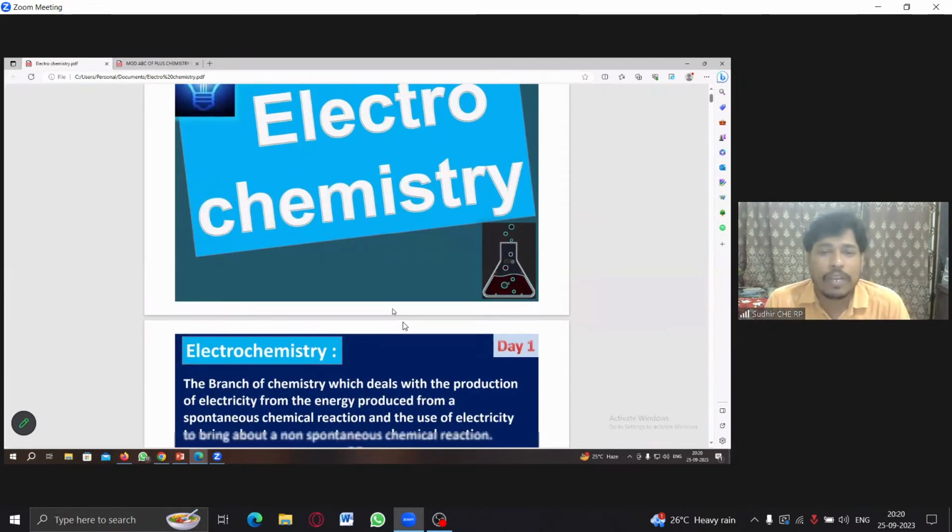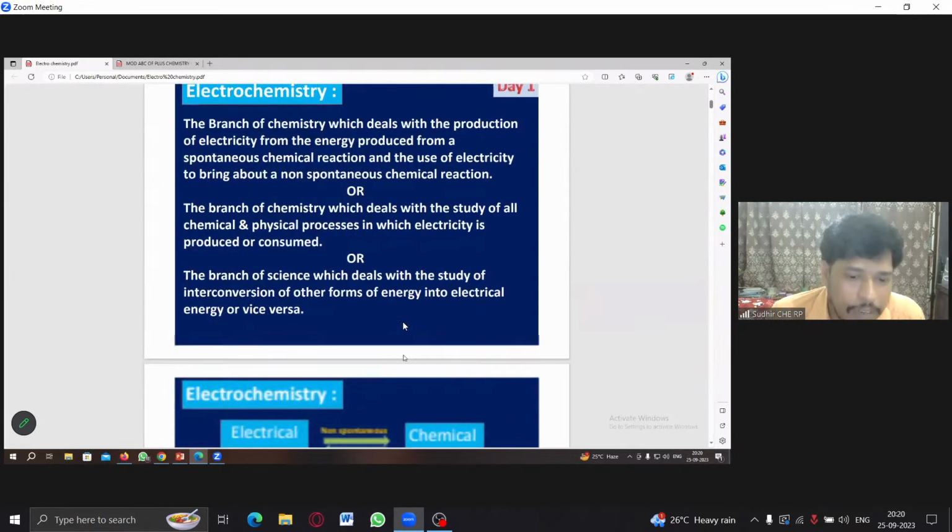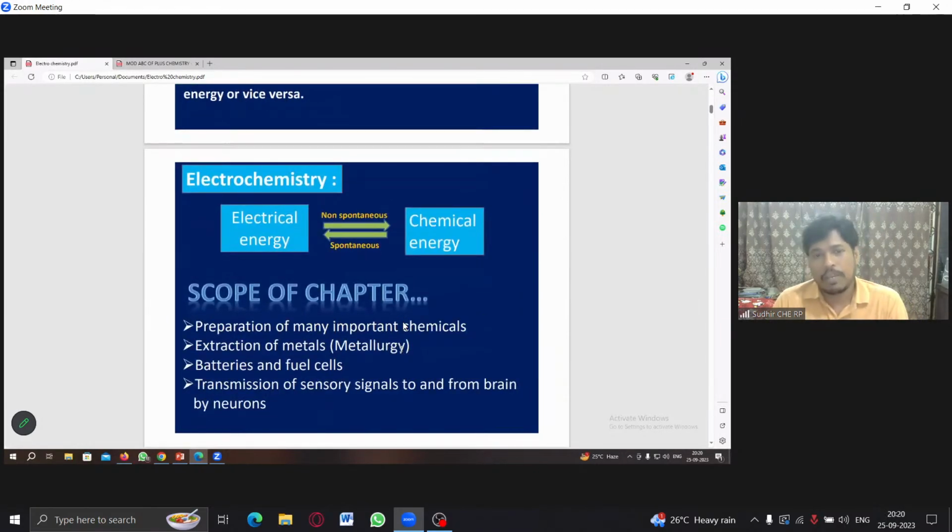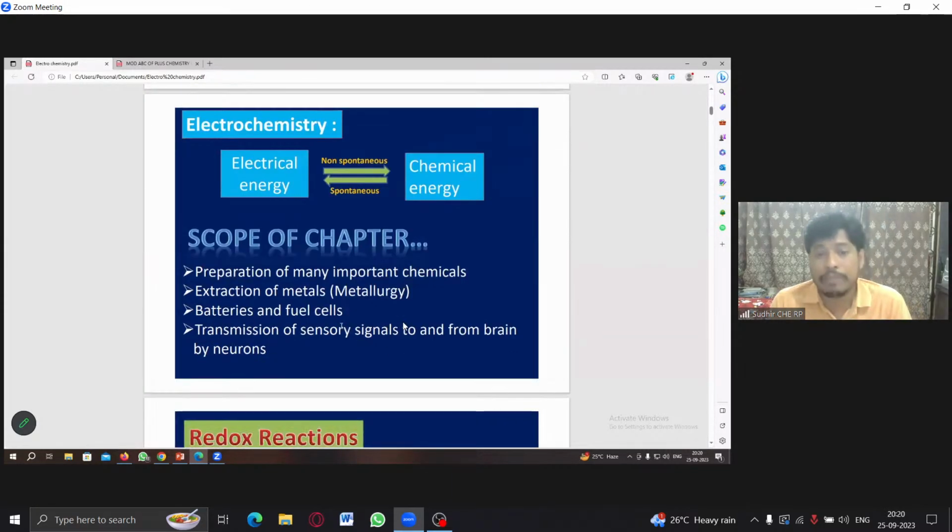Now, what is the main scope of this chapter, why we have to study electrochemistry, and where it is useful for us in our day-to-day life, we need to understand. The scope or importance of this chapter is that it is mainly useful to prepare or synthesize different chemical substances by the process of electrolysis.